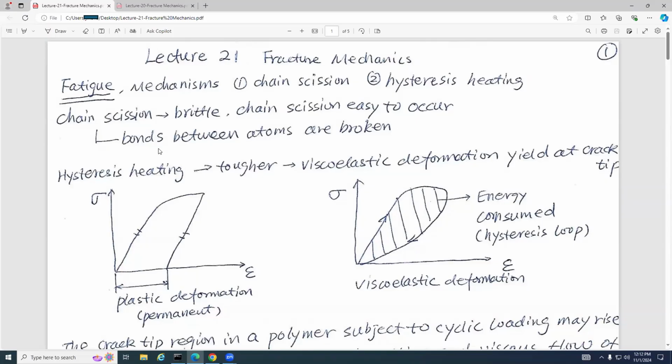At this point, if you remove the load, you follow a path parallel to the elastic line, and finally you get a point here instead of the original point. This is the residual strain, called plastic strain. It's a permanent deformation.